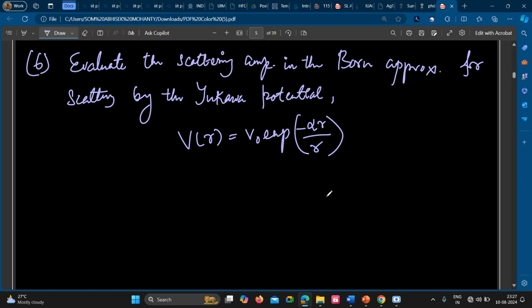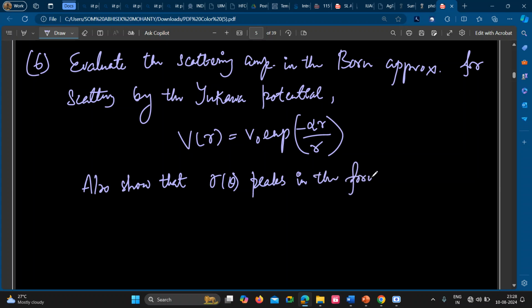Also show that sigma theta peaks in the forward direction.